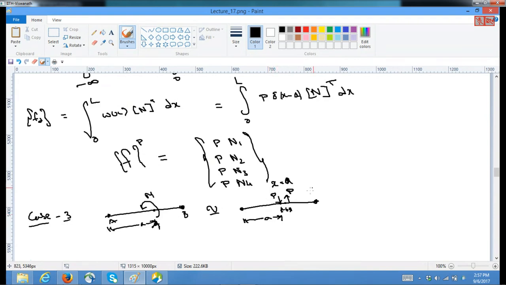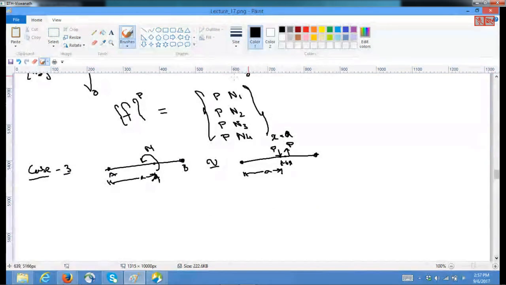So we make such an arrangement that M is equal to P times b. This is the magnitude of the moment. Then we know the solution from one point load, and we also know the solution from the other point load.